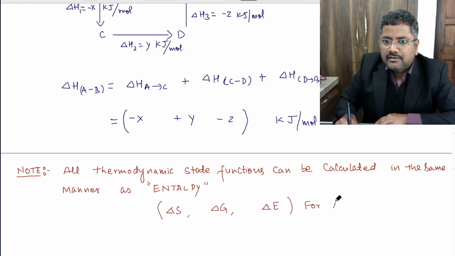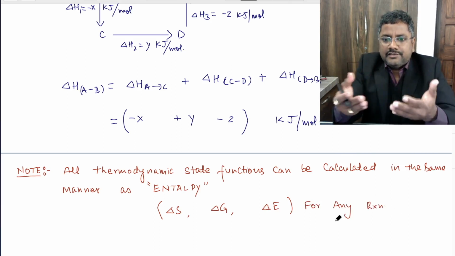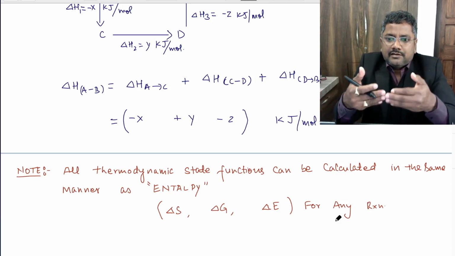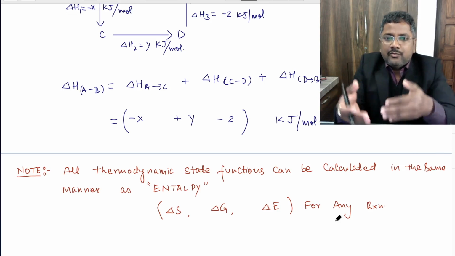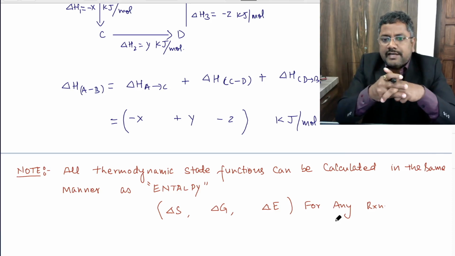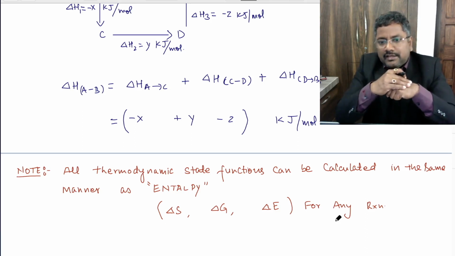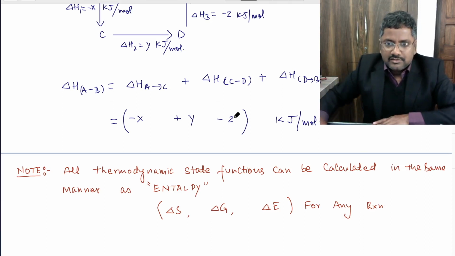So if delta G is given for various reactions, you can algebraically manipulate them for the desired reaction. So all state functions can be calculated in the same manner as we are doing for enthalpy. Okay. So this is basically all about the Hess law.